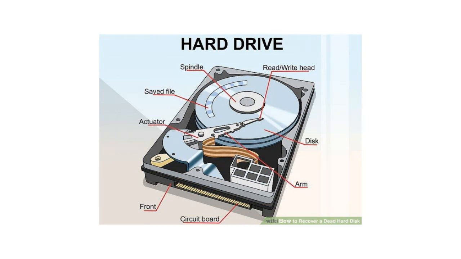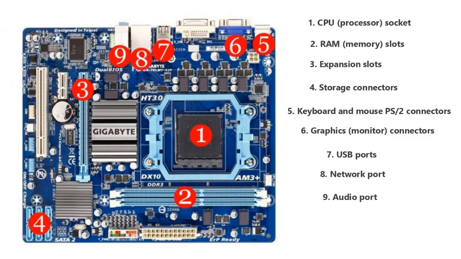This needle is the moving part, which moves to access a certain cell. And there is the circuit board at the front. Just have a look; it's just for information.